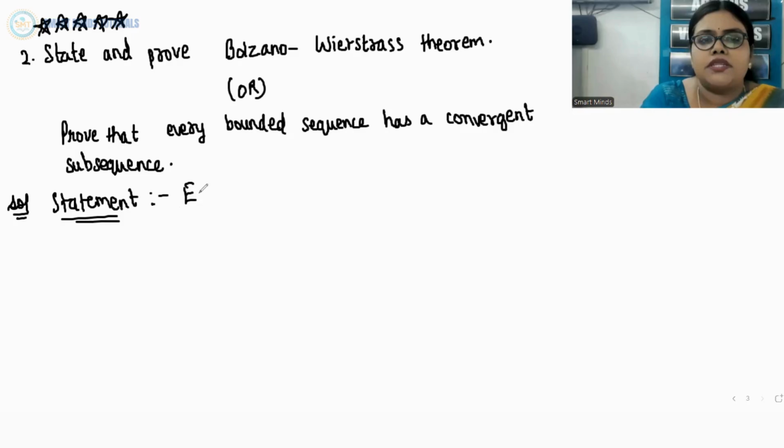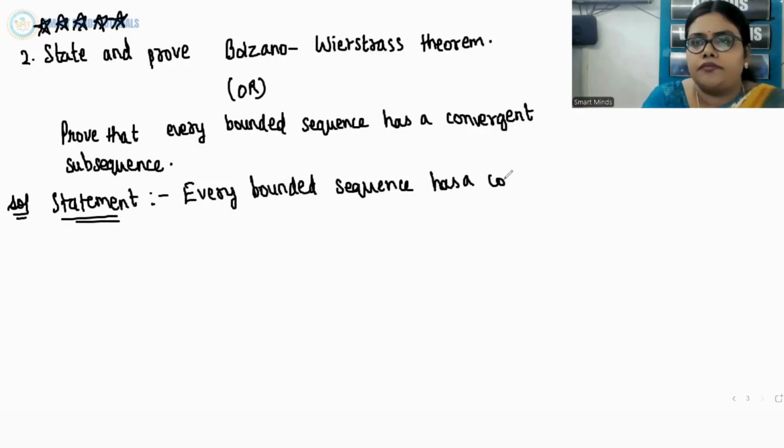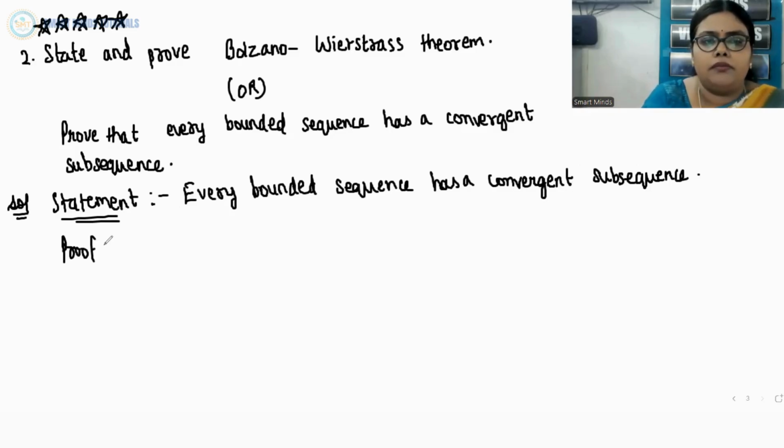So this theorem states that every bounded sequence has a convergent subsequence. Okay, so let us start with the proof now. Let Sn be the bounded sequence.